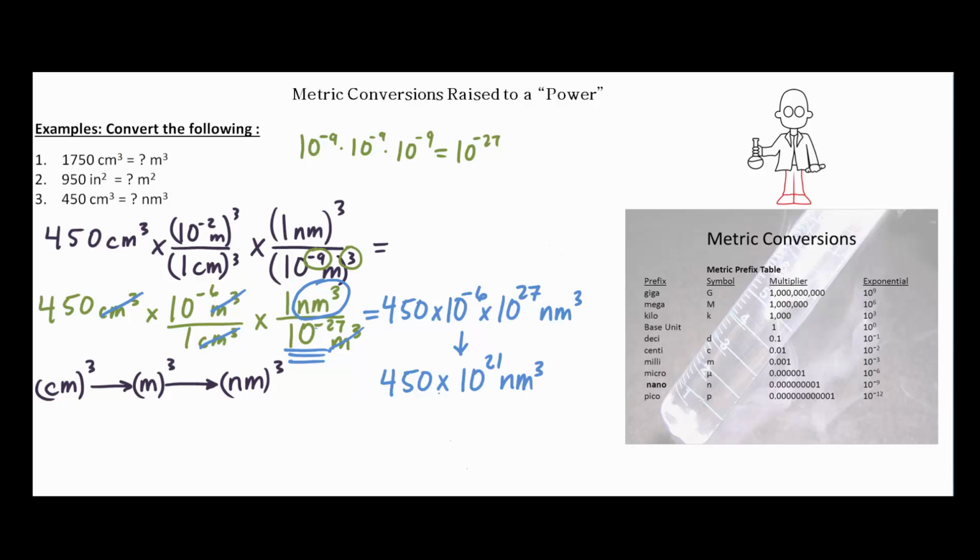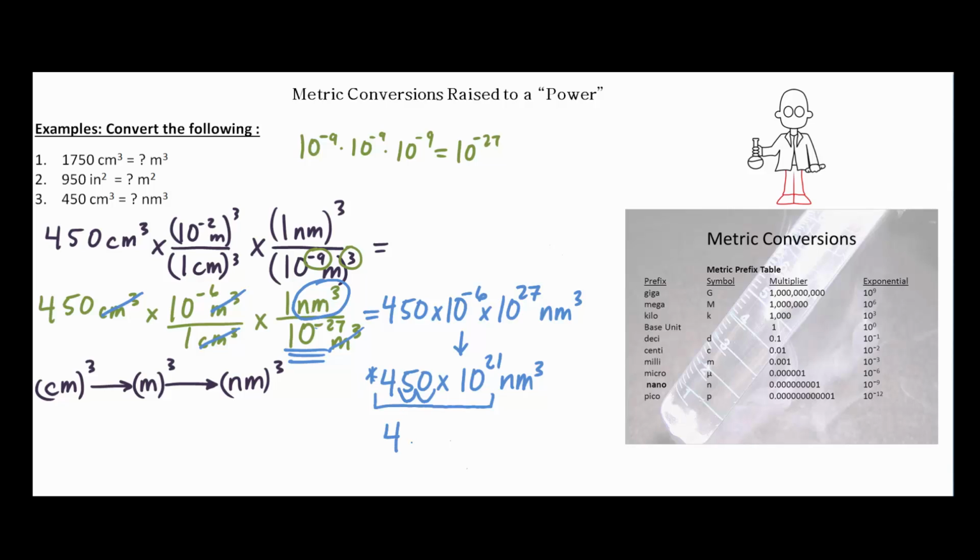nanometers cubed. This is not in scientific notation because 450 is not between 1 and 10. So what I need to do is move this decimal place 2 places.